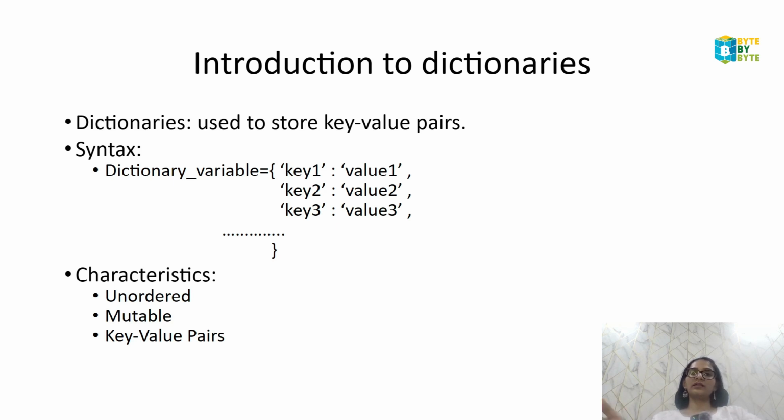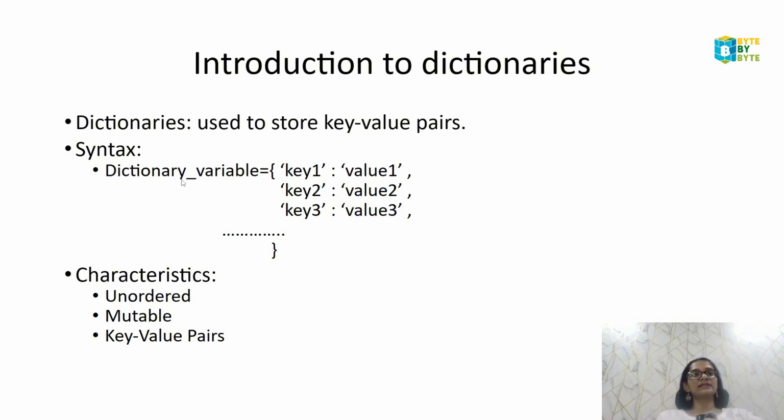Values can be anything, values can be repeated also, but keys should not be repeated. Why? Because whenever you want to search for any value, you are going to look for its key first. So if keys are different, it will be very helpful to search for the value. You cannot have the same keys.